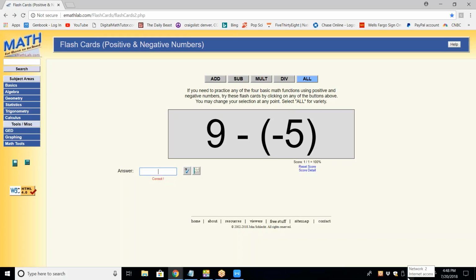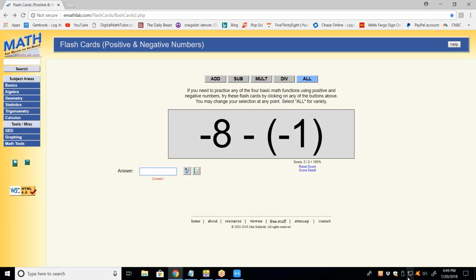Okay. 14. Change it to an addition problem. What'd you say? 14. Keep going. Change it to an addition problem. The more negative signs you have, the easier it becomes if you change it to an addition problem. -7. Very good.